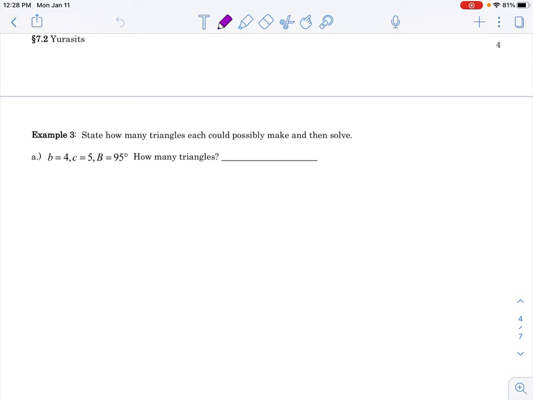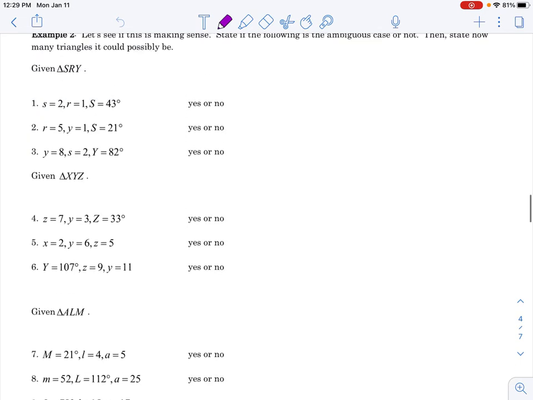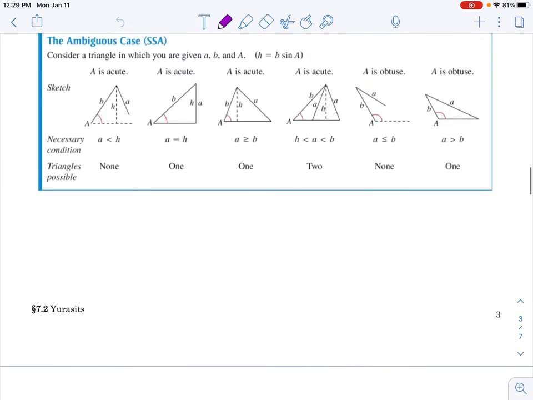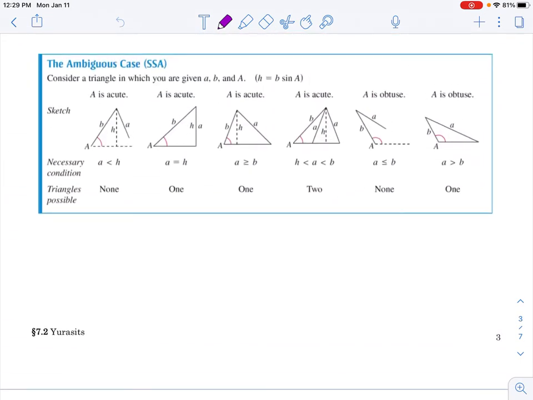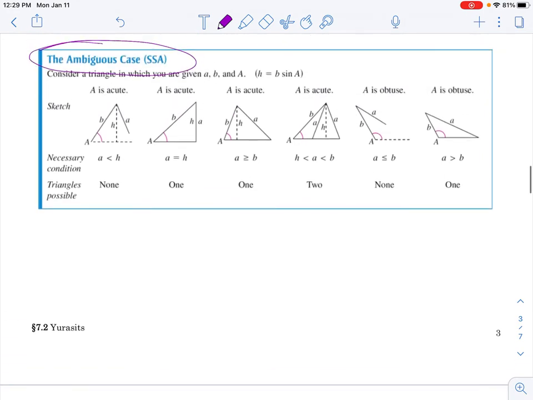All right, so in the last video we talked about just determining if it's the ambiguous case. So I'm going to go back up to our notes to page 3, where we have this chart, and it's very overwhelming. But the ambiguous case is when it's given SSA or ASS, and we just talked about how to determine if it's even the ambiguous case.